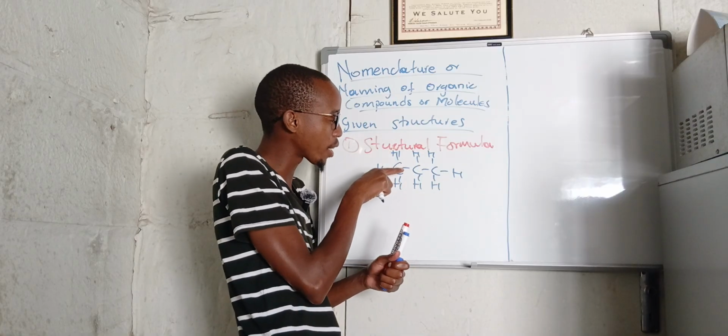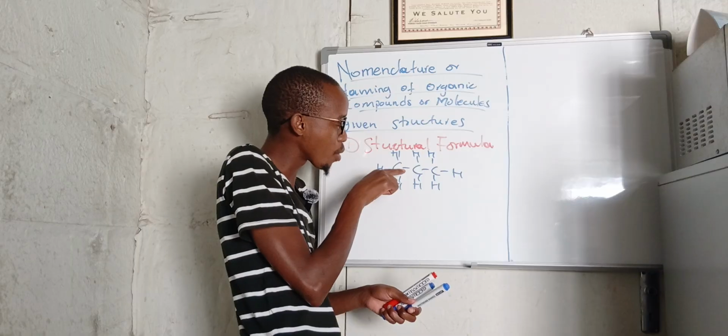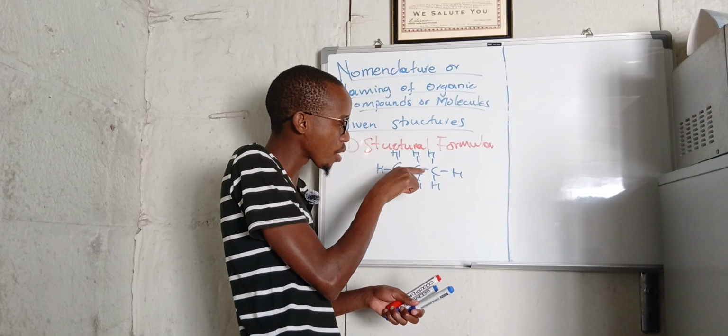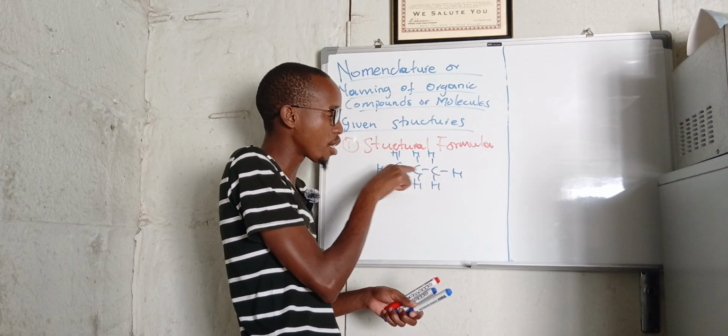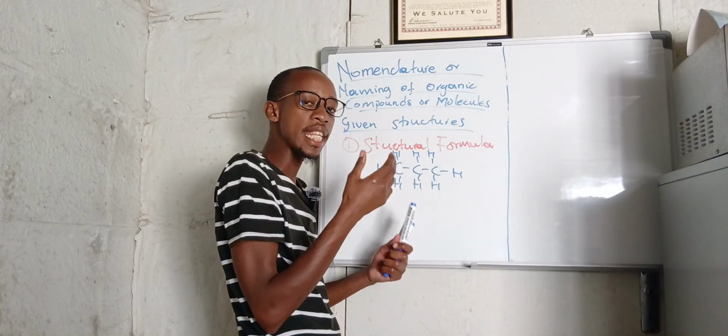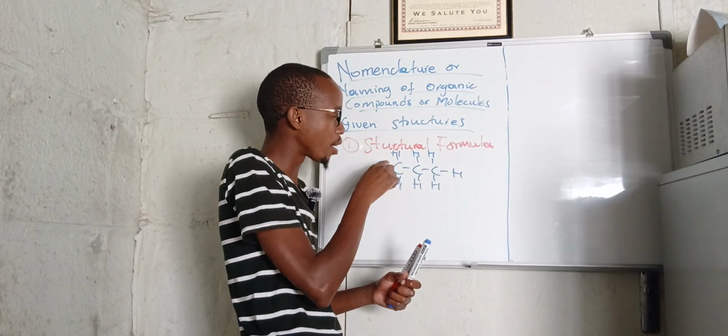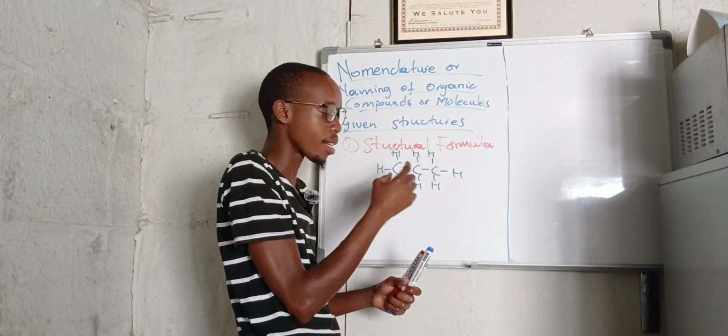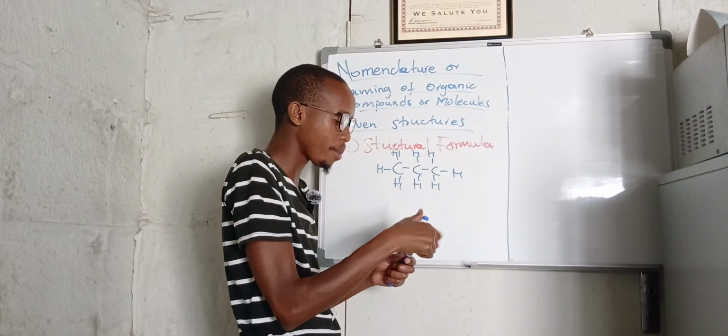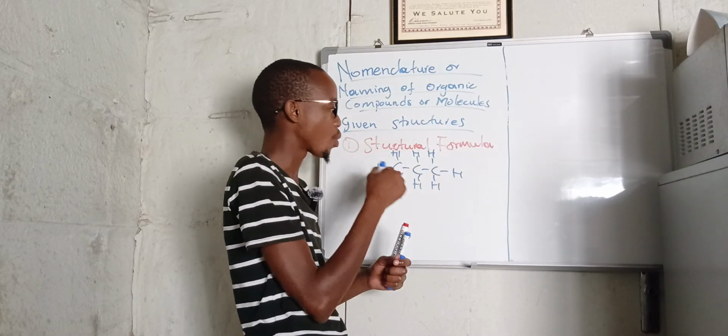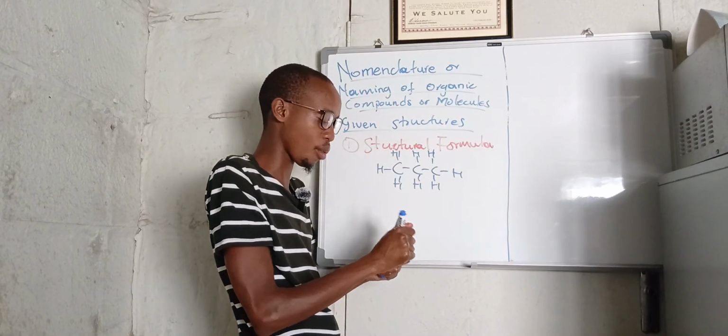So you see the different types of bonds. Here you see single bonds between carbon atoms, which tells you it is an alkane. Why am I saying it's an alkane? Because it is surrounded only by hydrogens. So this is how you draw the structural formula.